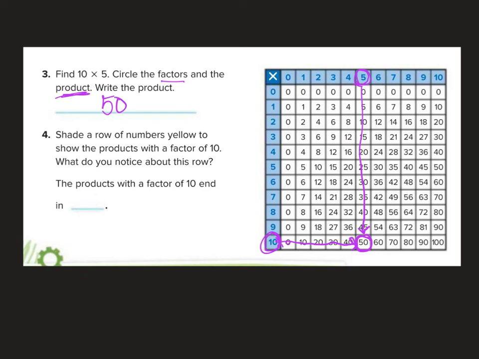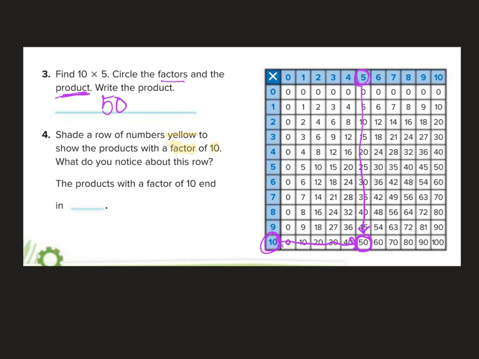All right. Next, we need to shade a row of numbers yellow to show the products with a factor of 10. So we have to find all the 10s in here. Shade a row of numbers yellow to... Oh, never mind. I thought it said with products of 10. Nope, it says factor of 10.